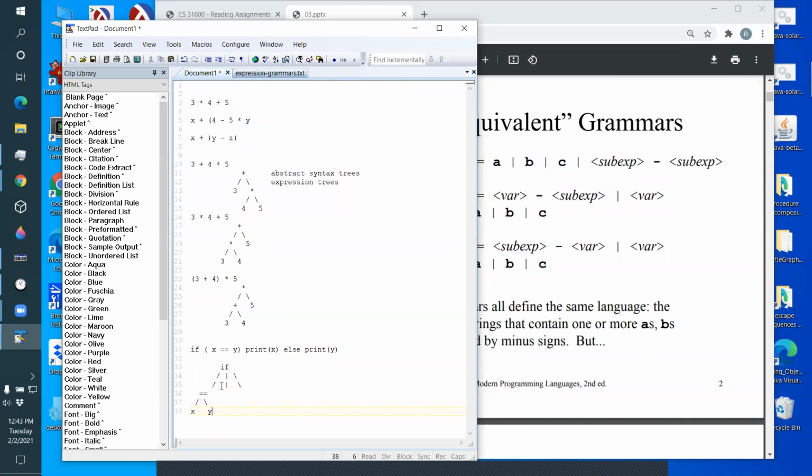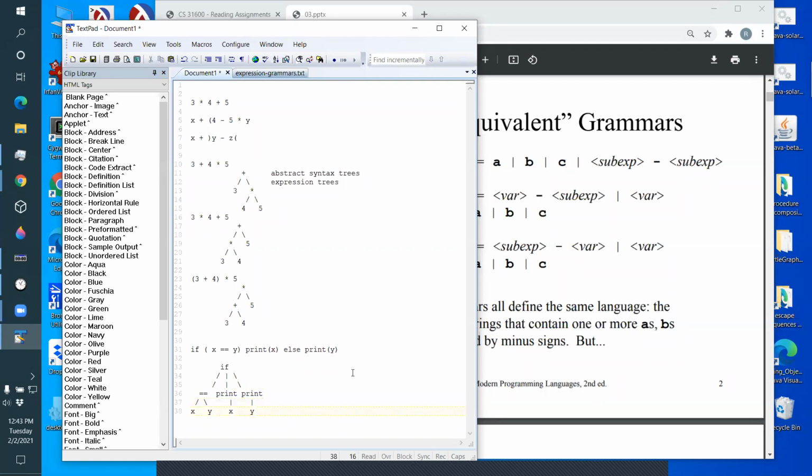Then this branch is just a print with 1 subtree, which is you're printing X. And the last branch is also print, printing y.